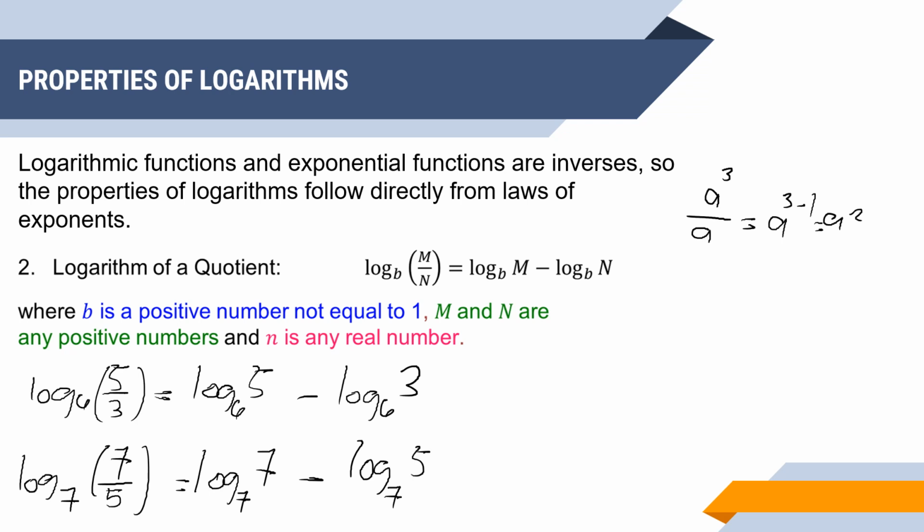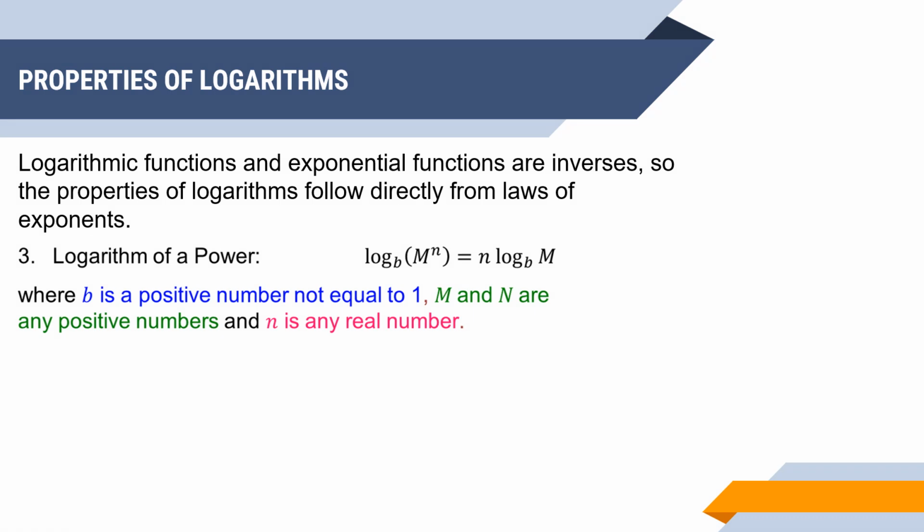Next, we will have the logarithm of a power. Now remember, when we have exponents, we have a squared raised to 3. This is equal to a raised to 6. We multiply the exponents, right? Now, in log, what we will do is we are going to transfer our exponent down here, right before the log.